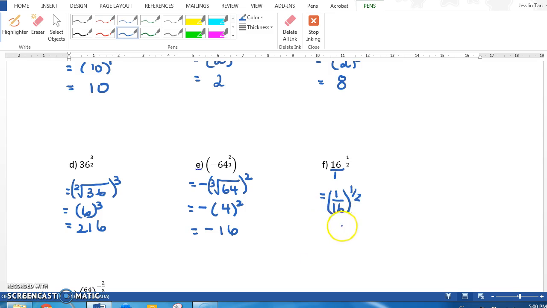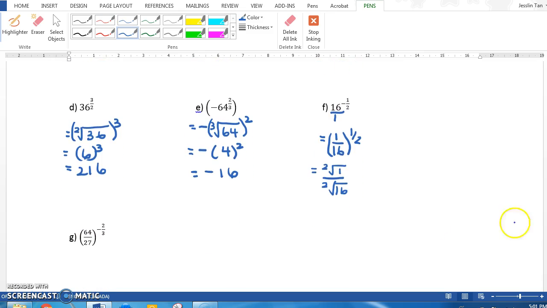All right, so then I can apply this 1/2, or this square root, to both pieces. So I end up with the 2nd root of 1 over the 2nd root of 16. Now, because the numerator is 1, I don't actually need to worry about applying that exponent, so I end up with the square root of 1 is 1, and the 2nd root of 16 is 4.